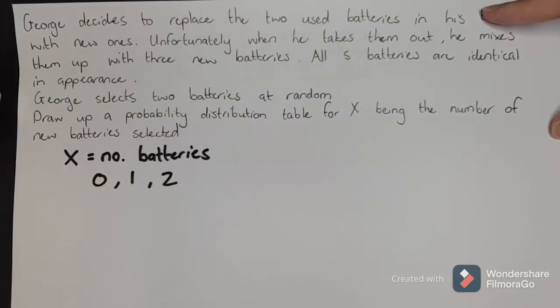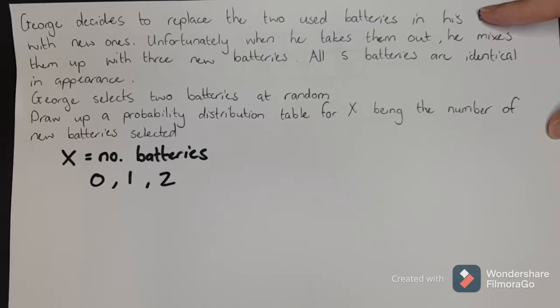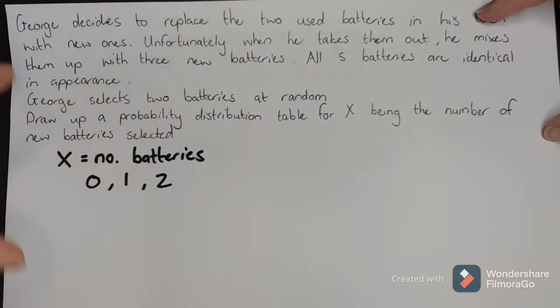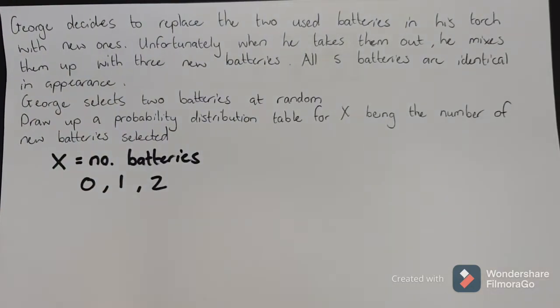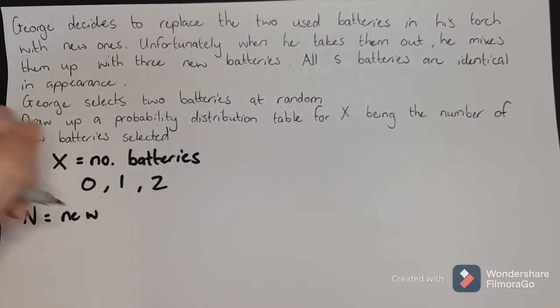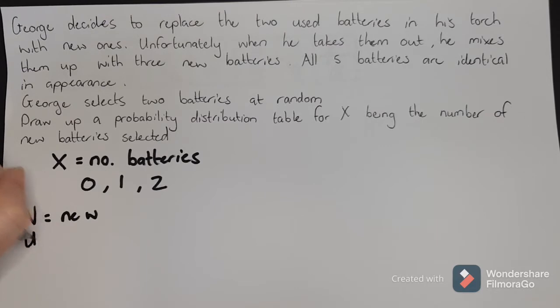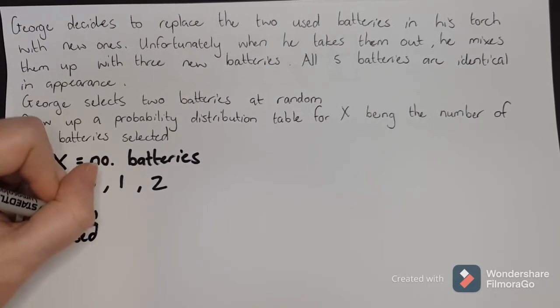So the easiest thing to do is first draw a tree diagram, so we can easily place all of our probabilities. So we can say that N is for new batteries and U is for used batteries.